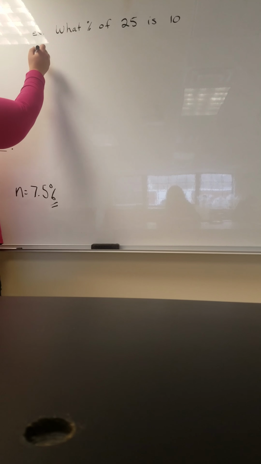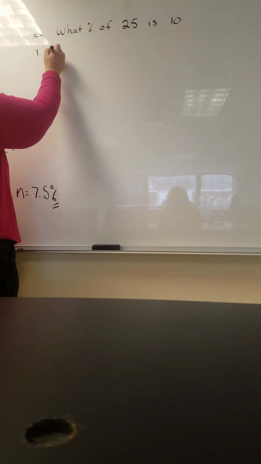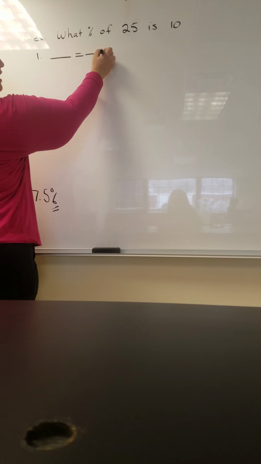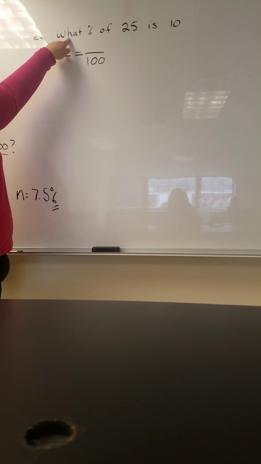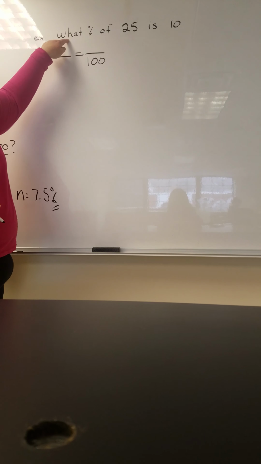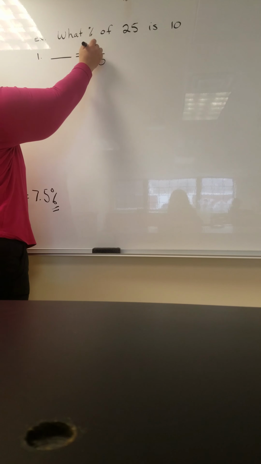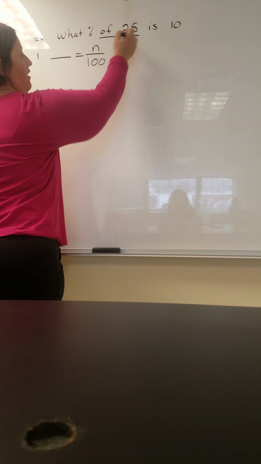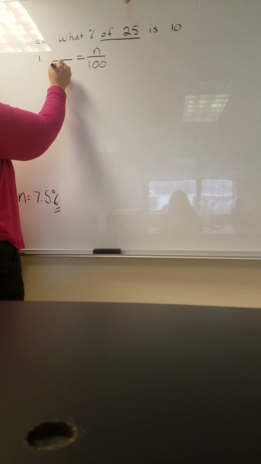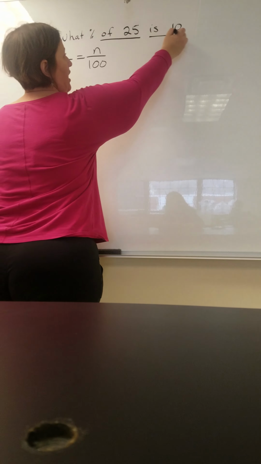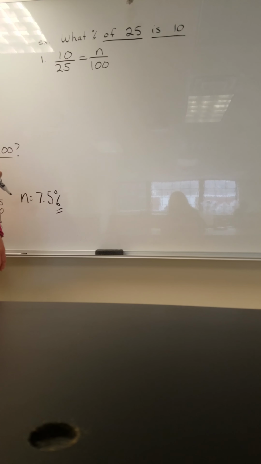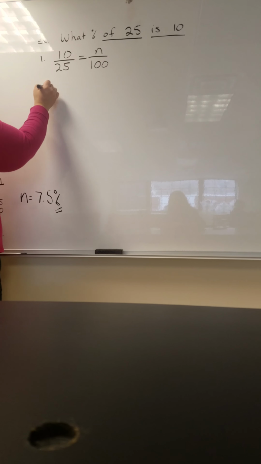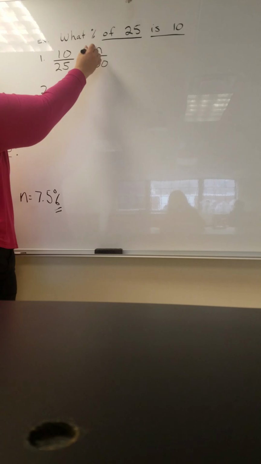What percent of 25 is 10? So again, step 1, let's set it up. We have our two fractions. We'll plug the 100 in right away. First thing we notice is missing is the percent. So that's our unknown. The next thing we have is of 25, so 25 goes in the denominator, is 10, so 10 will go up here. So that's our step 1. Step 2, cross multiply.